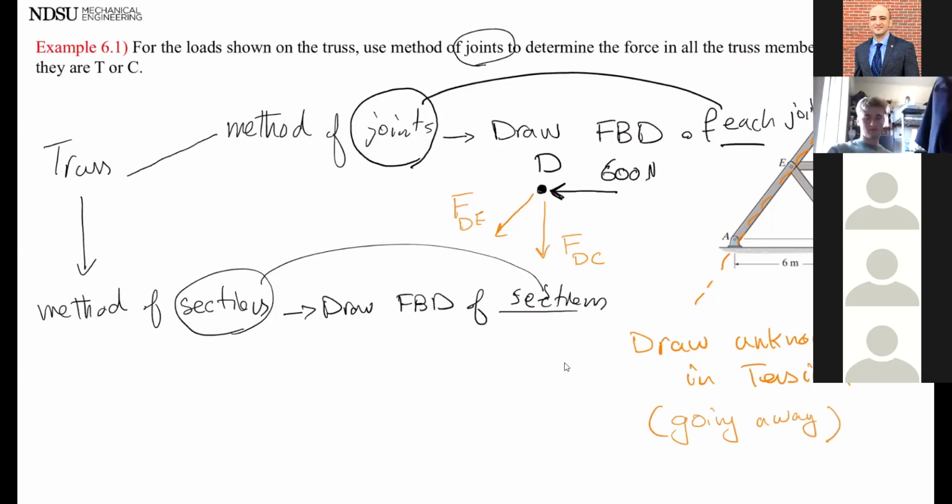What kind of analysis would you use for this free body diagram based on what you've learned so far? A particle in equilibrium. So this is an equilibrium of a particle.